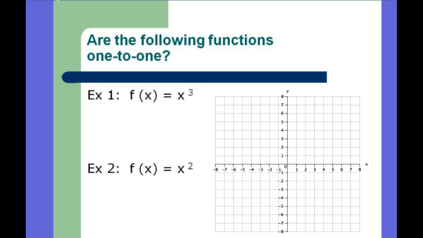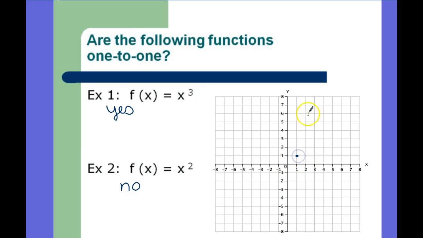Alright. Are the following functions one-to-one? Would x cubed be one-to-one? Yes. Is x squared one-to-one? No. So just so you can see what they are, x cubed goes way up.